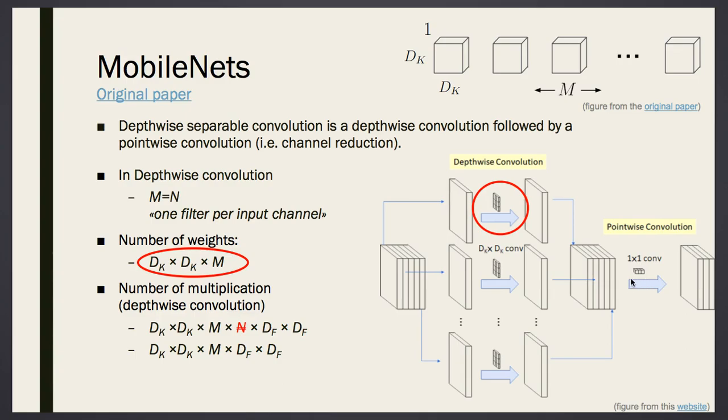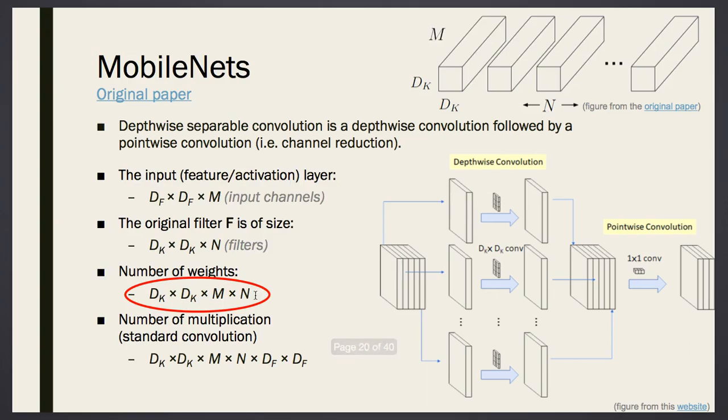Before we apply the 1 times 1 convolution, if you apply only a single filter to each of these m channels, you will have dk by dk weights, m times. So the number of weights compared to the standard one is much lower.